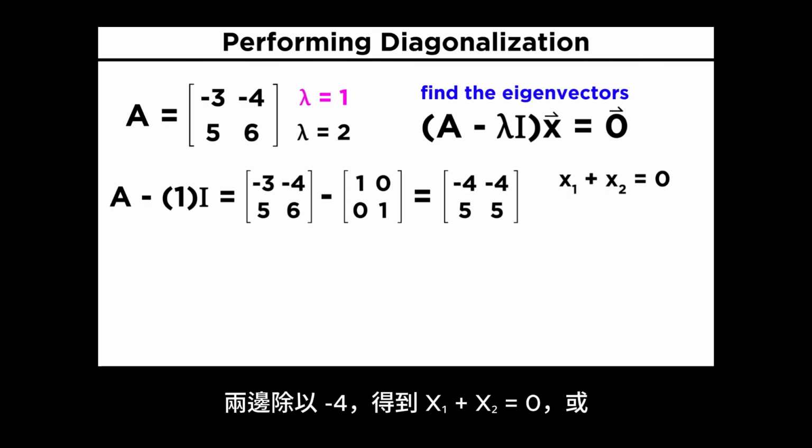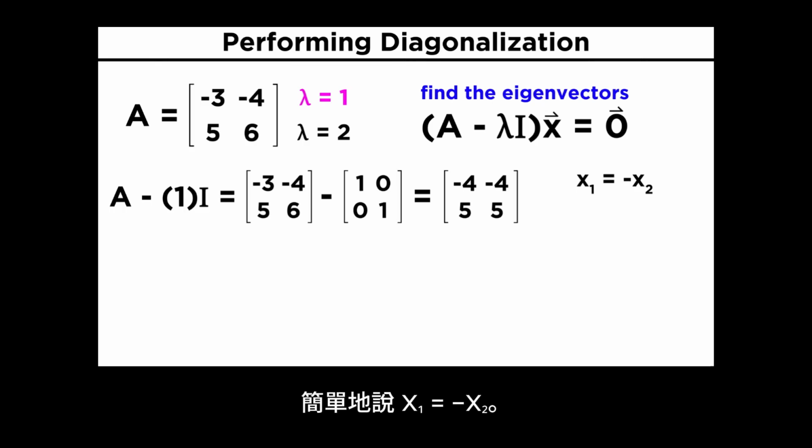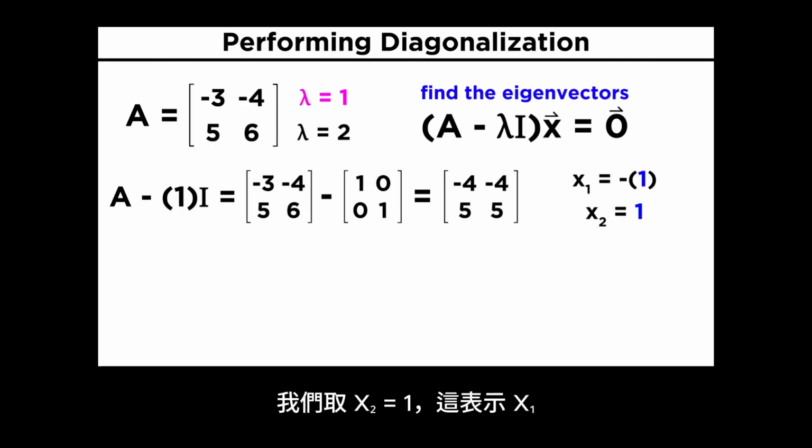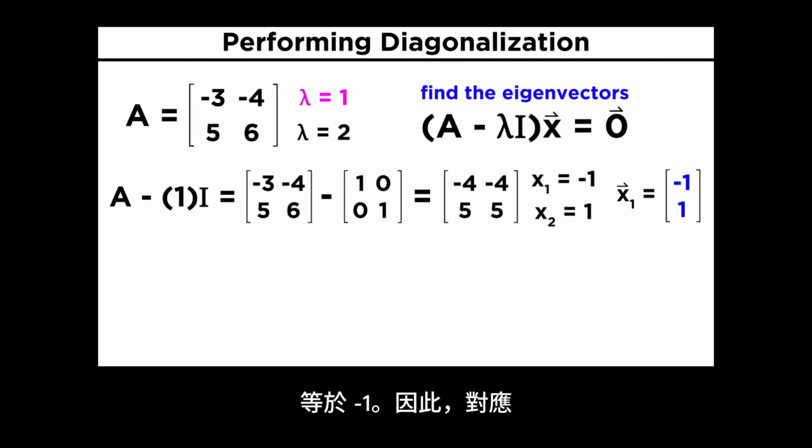Dividing by -4, we get x1 plus x2 equals 0, or simply x1 equals -x2. We don't have to worry about the second row here because it ends up giving us the same thing. We will choose x2 equals 1, which means x1 is equal to -1. So our eigenvector for lambda equals 1 is -1, 1.